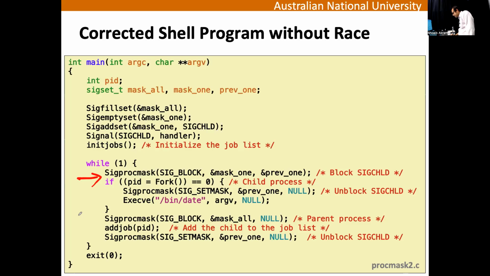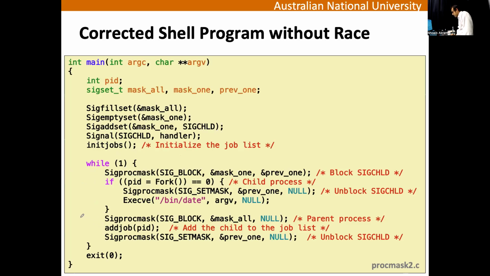At this point, when I'm doing this critical thing, I want to make sure that only after I do this, the signal handler runs, right? But the signal handler could run at this point.